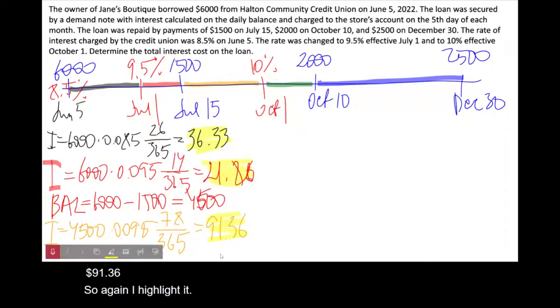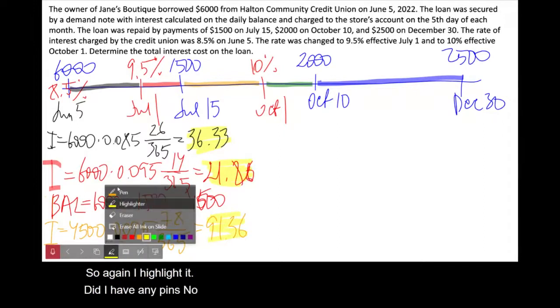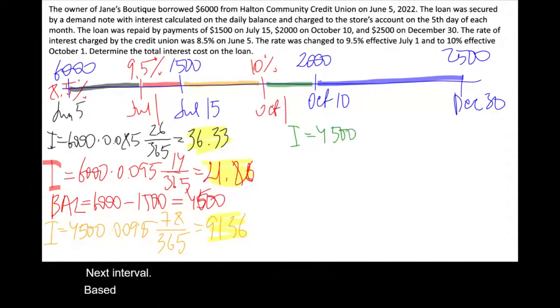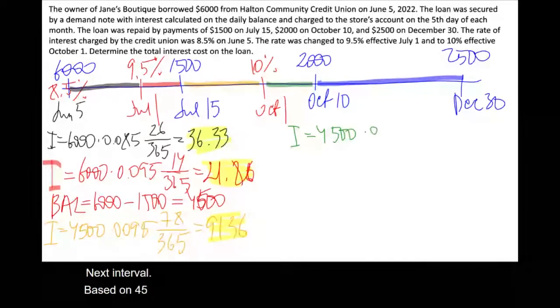Did I have any payments? No, I didn't, right? So the balance stays the same. Next interval, based on 4,500, the interest rate is 10%, and October 10 is 9 days, right?